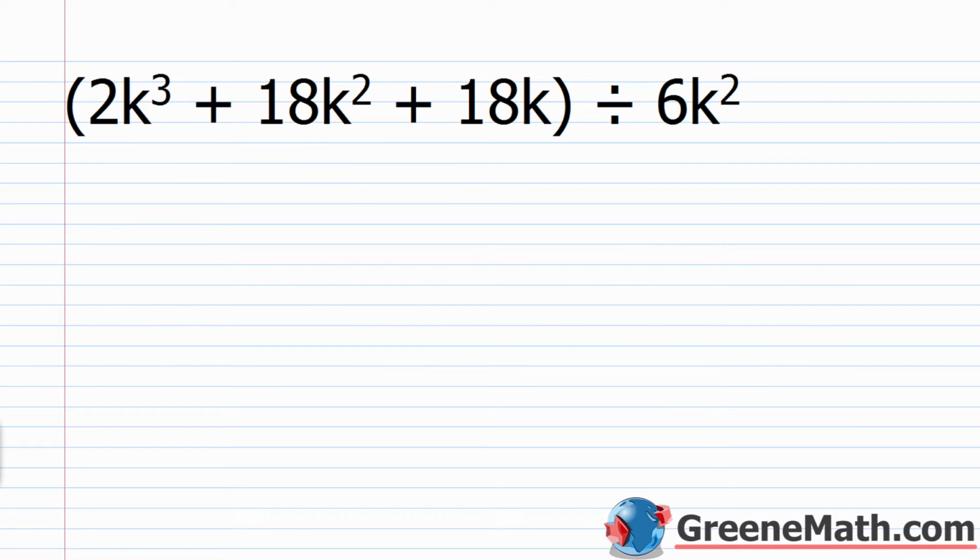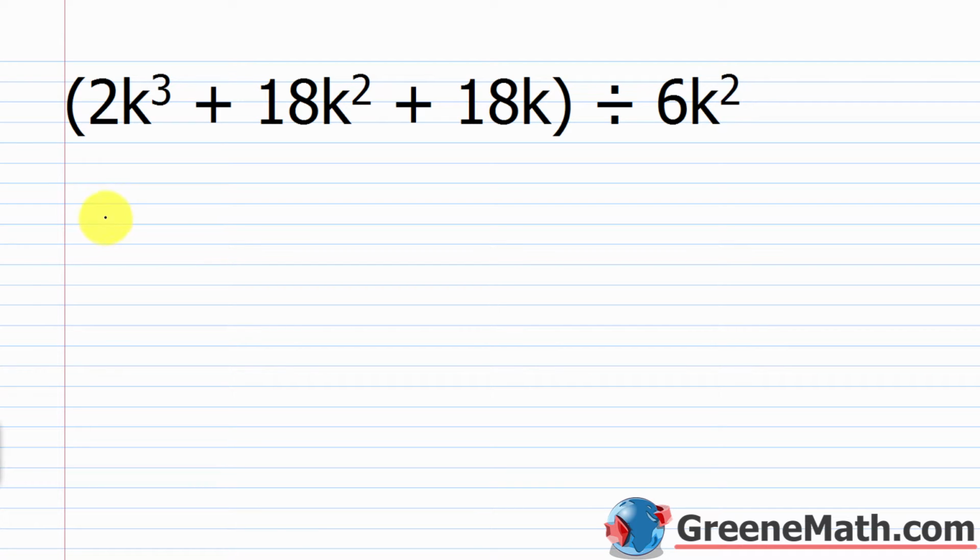Starting out with this first one, we have 2k cubed plus 18k squared plus 18k divided by 6k squared. The first thing I want you to do when you get this problem is set it up as a fraction.